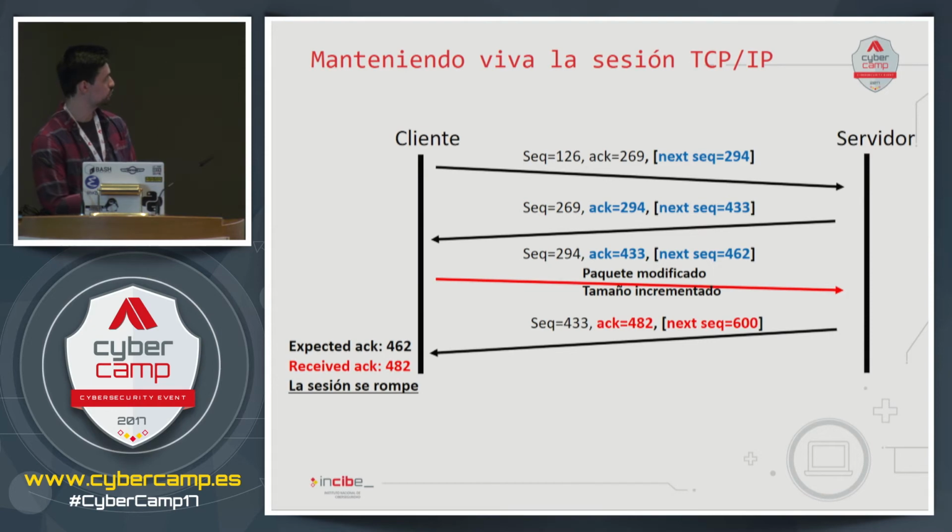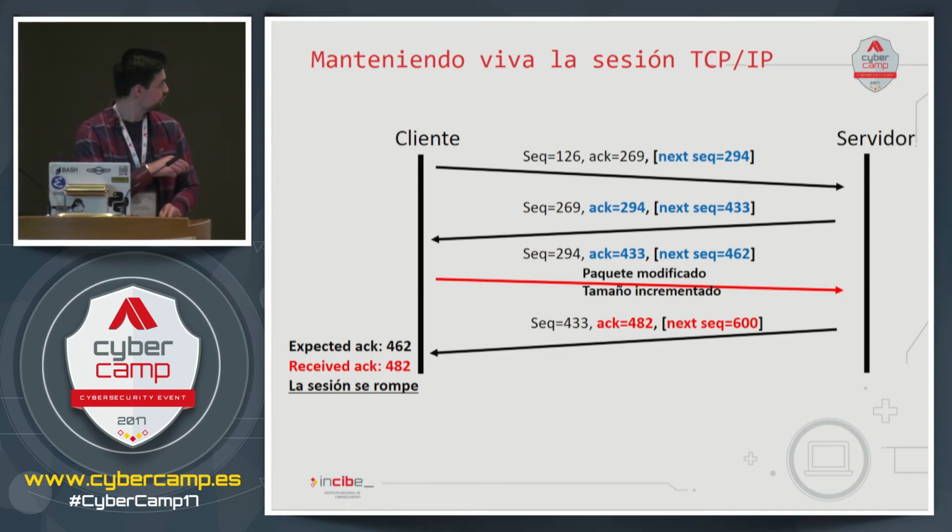It knew, because the next sequence number depends on the volume of this package. When it got to the server, it took the acknowledgement and put it as a sequence number.